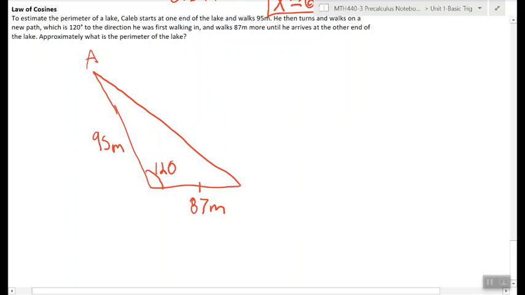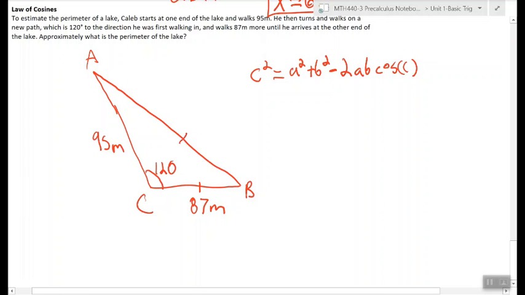Alright, so we need to use the law of cosines for this, which states that c squared equals a squared plus b squared minus 2ab cosine c. So we can label these there.